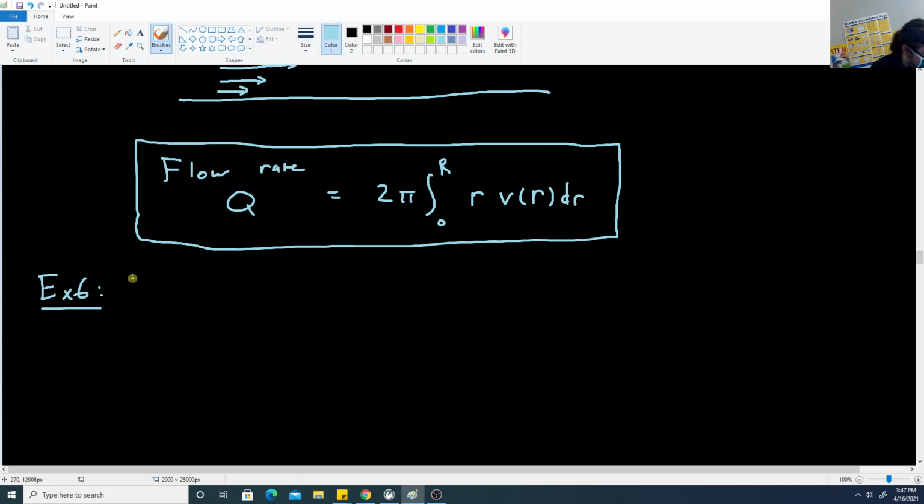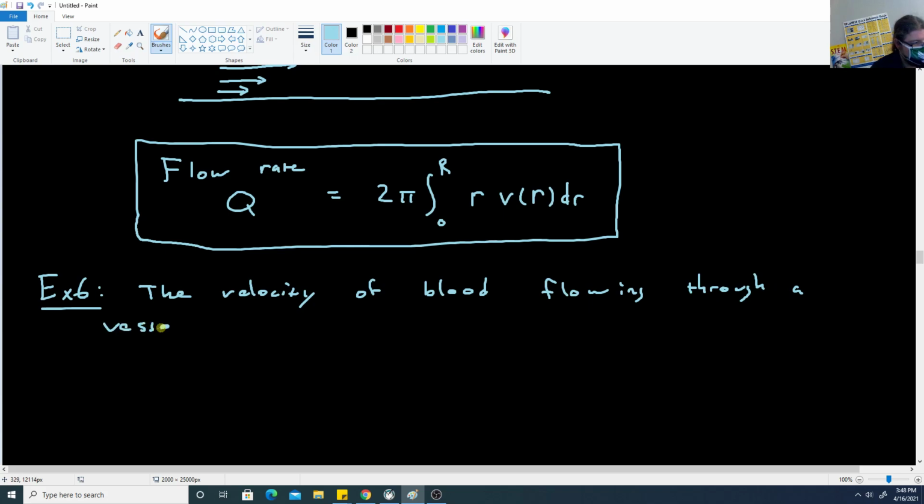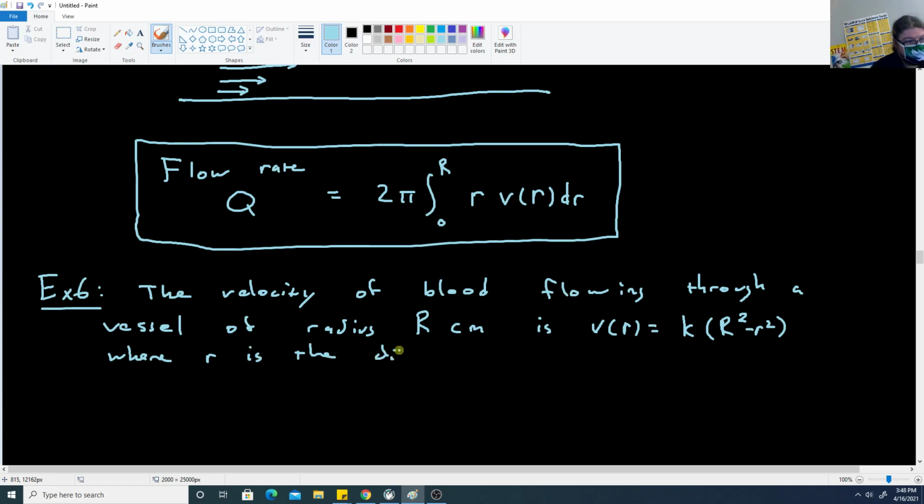We say the velocity of blood flowing through a vessel of radius R centimeters is, so here's our velocity equation, v of r equals some constant k times R squared minus little r squared, where little r is the distance from the center of the vessel. Okay.